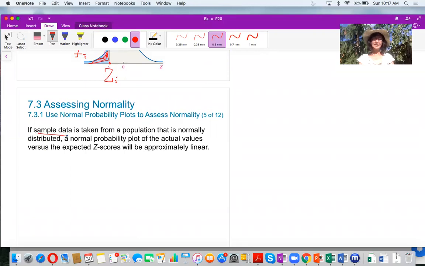If sample data is taken from a population that is normally distributed, a normal probability plot of the actual values versus the expected Z-scores will be approximately linear. So when you use observed data as X and the Z-score as Y, how do you calculate the Z-score?